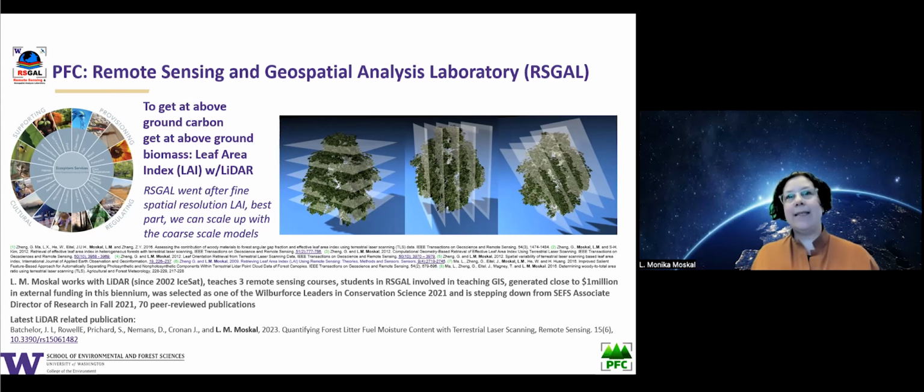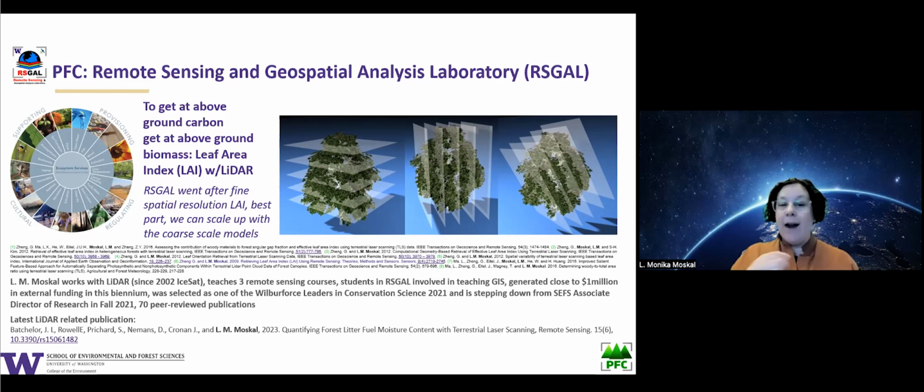And these days, we don't have to cut the trees down to count the number of leaves that we have. Although we did have to do that early on in our research. We literally had to destructively sample, which was the technique of doing leaf area index in the past. It's not anymore because, as you saw, we have these digital forests that we can put in our pockets, and we're hitting leaves and everything else on that tree at a millimeter resolution.